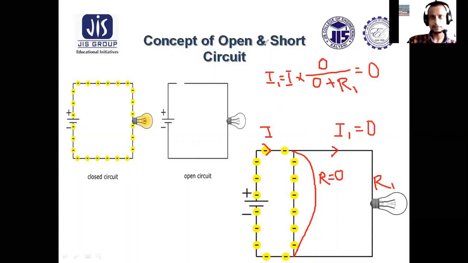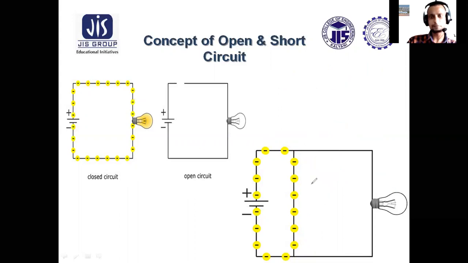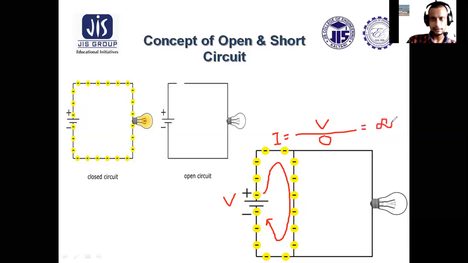So a short circuit path means current will flow entirely through that path. No current will be flowing through the load. So what will happen when the entire current flows through this path? Suppose this voltage is V, and as it is a shorted path, you cannot see any resistance here. So V by R, the current will be infinity theoretically.